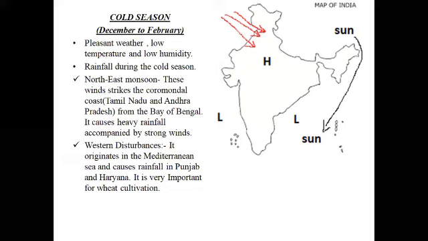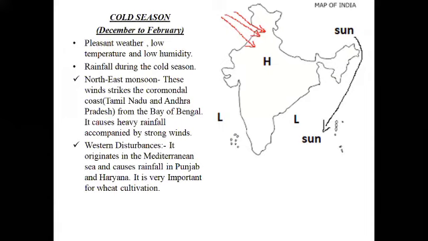This northeast monsoonal wind does not blow towards the Arabian Sea. Why? Because of the Deccan Plateau. The northeast monsoon wind is obstructed by the Deccan Plateau, which is why it doesn't move towards the Arabian Sea.